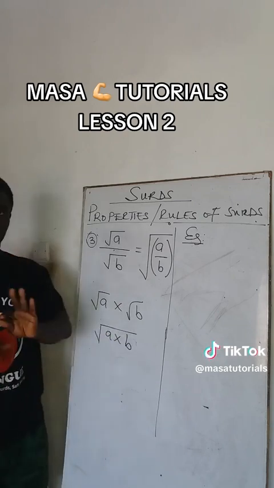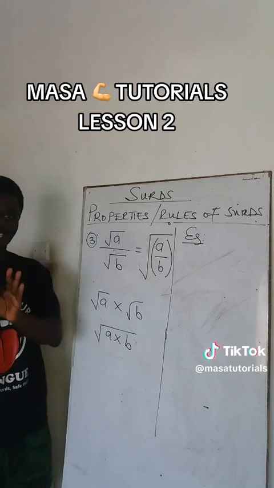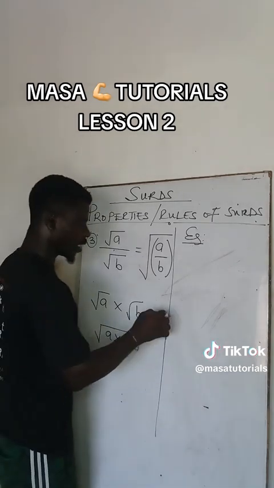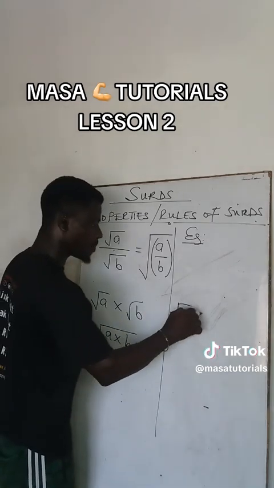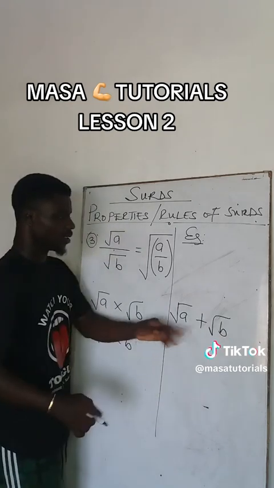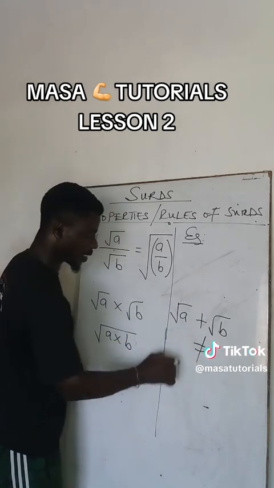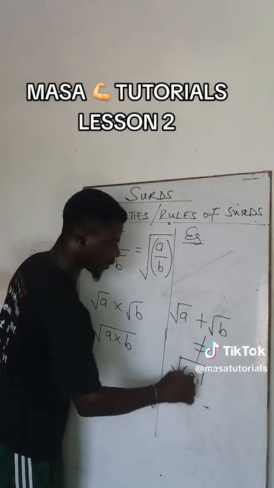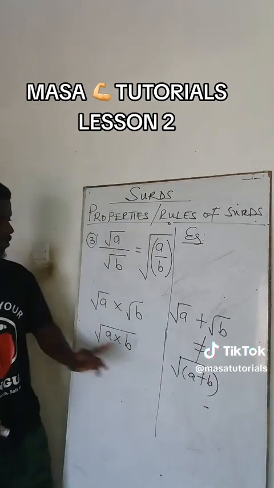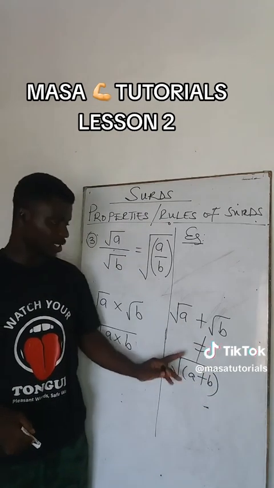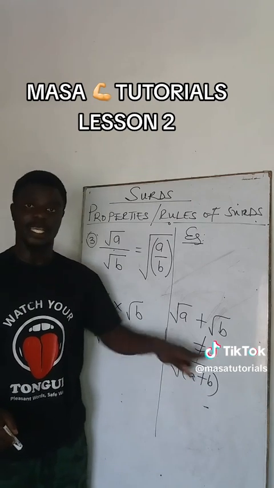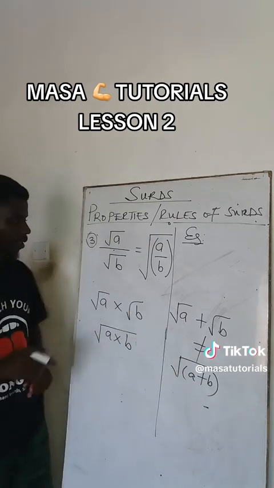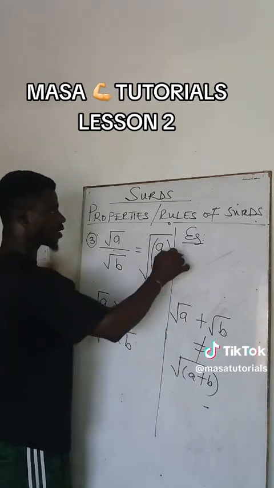But for addition or subtraction, we cannot do it like that. Root A plus square root of B is not the same thing as root of A plus B. Take note of that. Square root of A plus square root of B is not the same thing as A plus B in one square root. No. The same thing applies to subtraction.